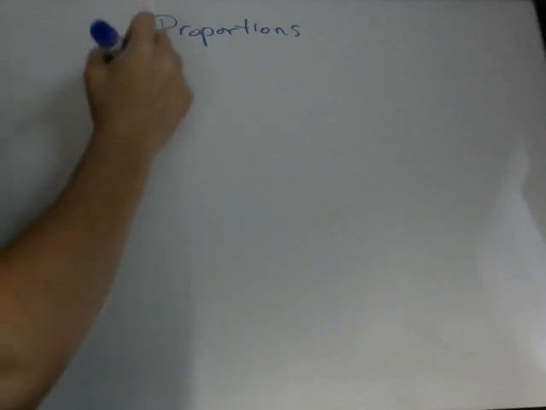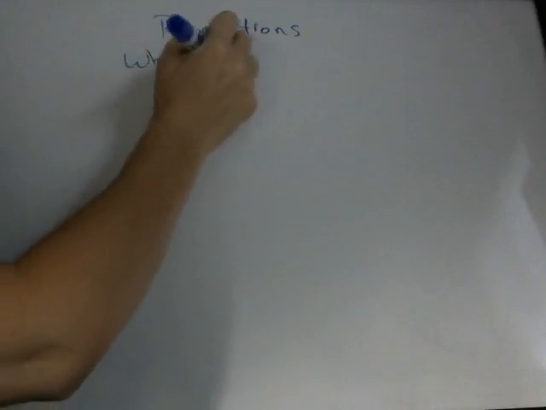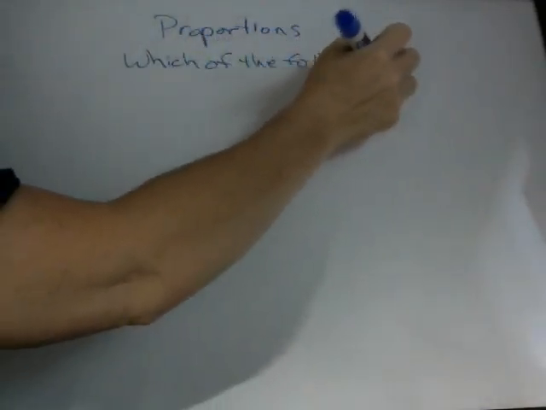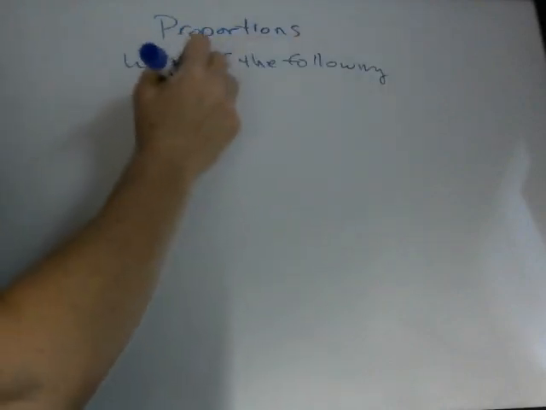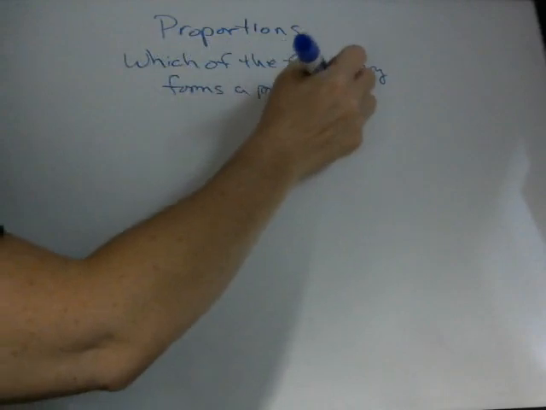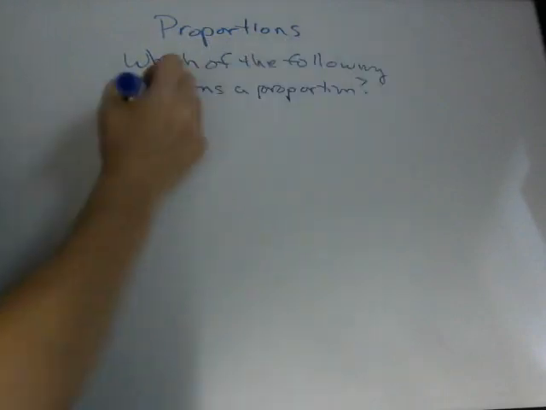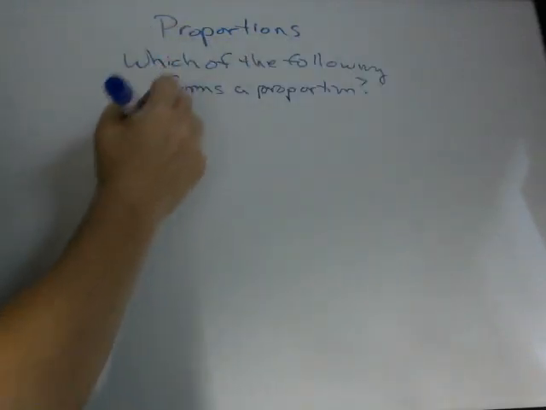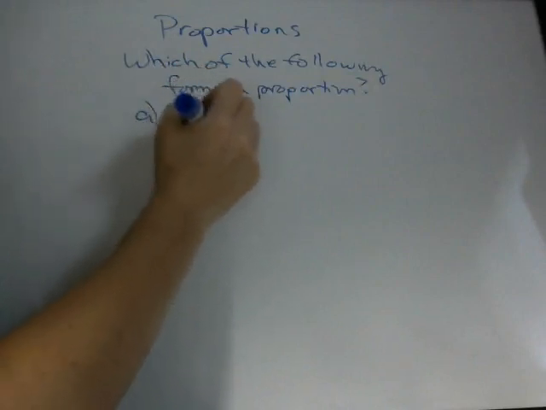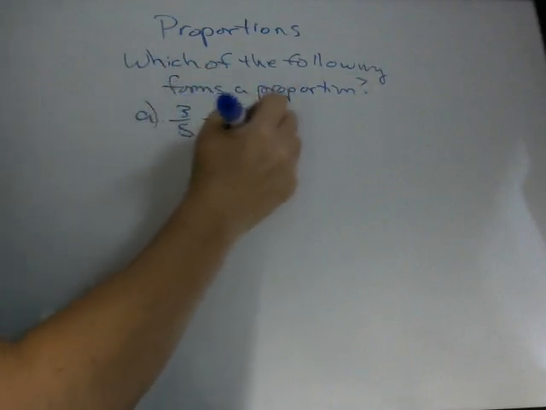So one type of question you're going to see will be something like, which of the following forms a proportion? And you'll have a multiple choice question. So one answer might be 3/5 equals 15/26.